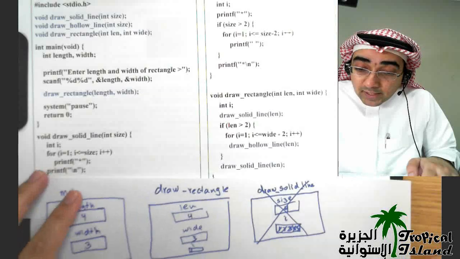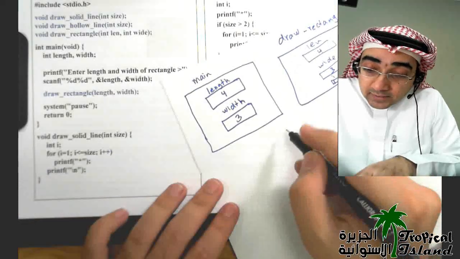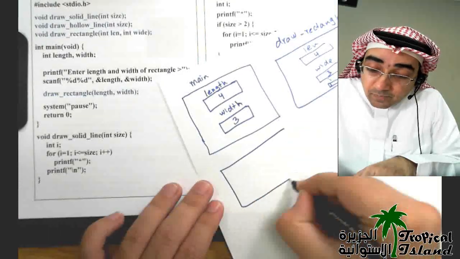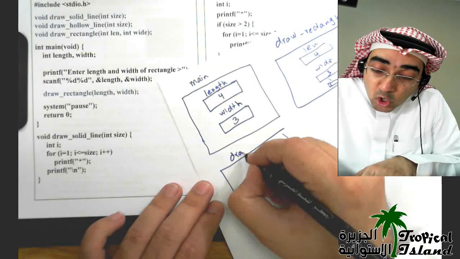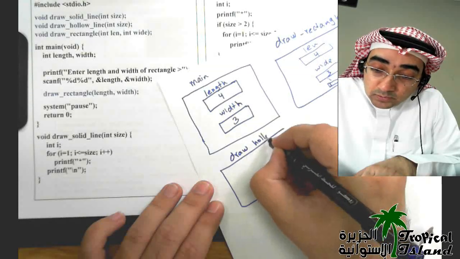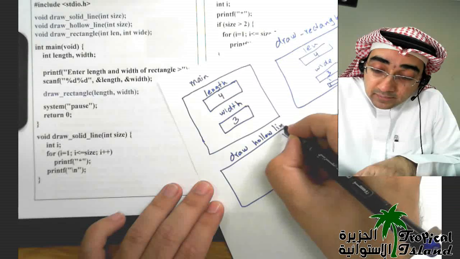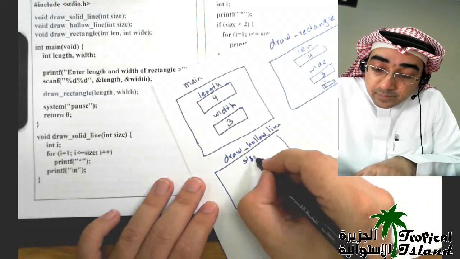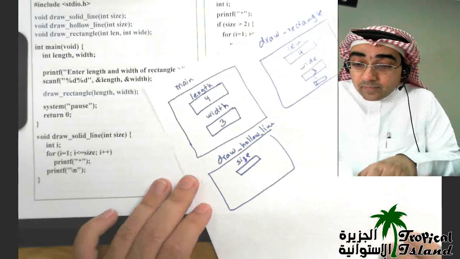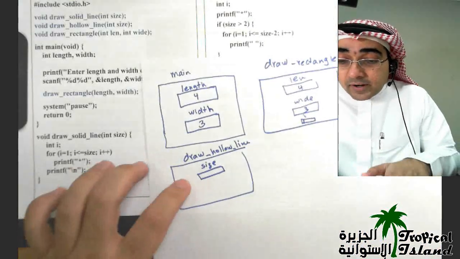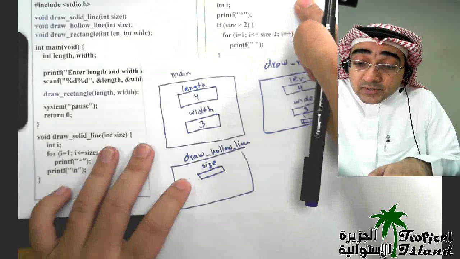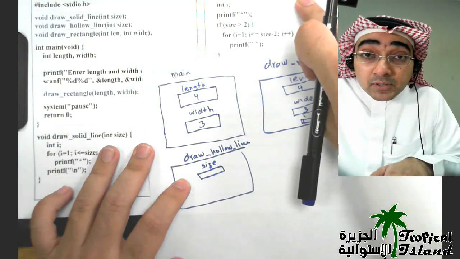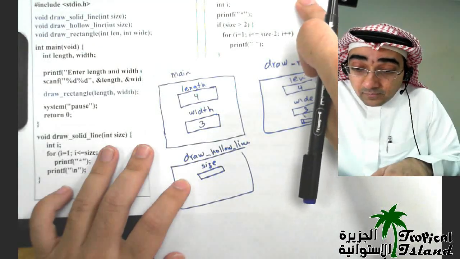When I go to draw a hollow line, I am going to be allocated a new memory called draw hollow line. Inside it I'll have size. I have a variable size because it's actually declared inside the parameters of my function.